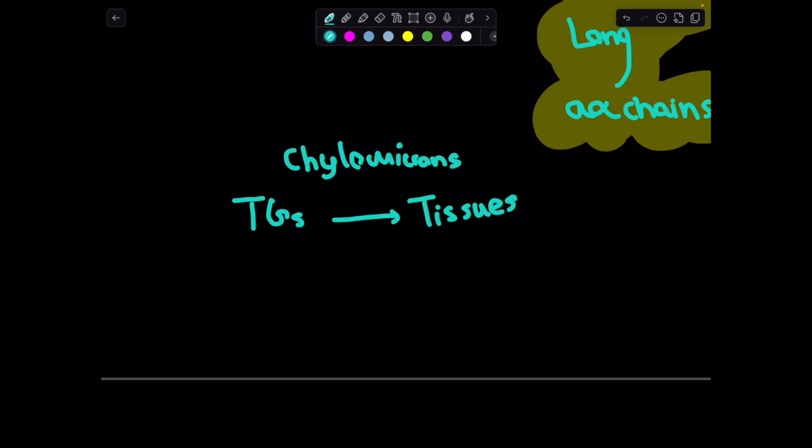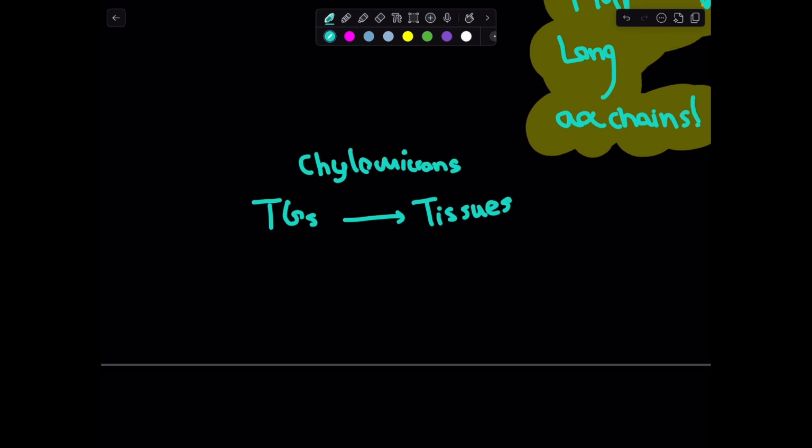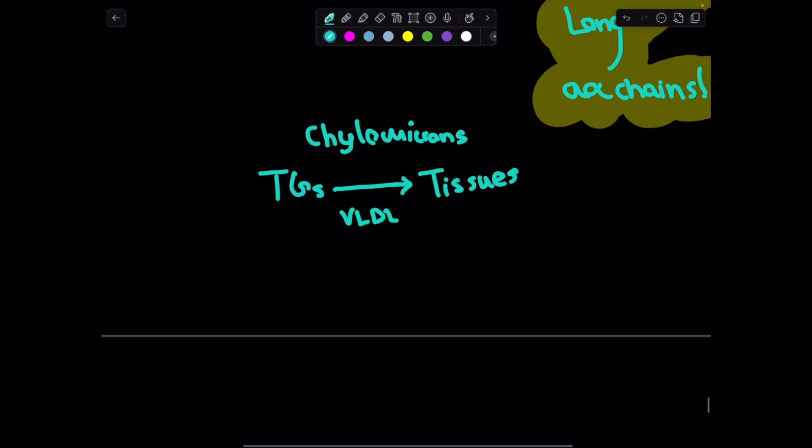VLDL, made in the liver, transports triglycerides synthesized from excess carbs or proteins to the same tissues, also via LPL, and shrinks into IDL, then LDL, as triglycerides are offloaded. They're ideal because their large, lipid-rich structures can carry massive triglyceride loads, and their apolipoproteins ensure precise delivery. Want details on LPL action or triglyceride fates?